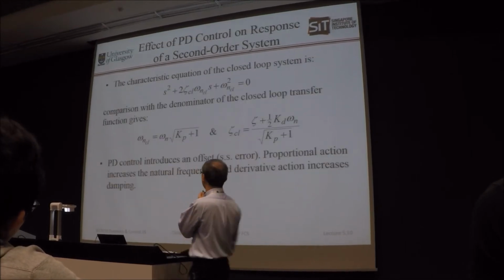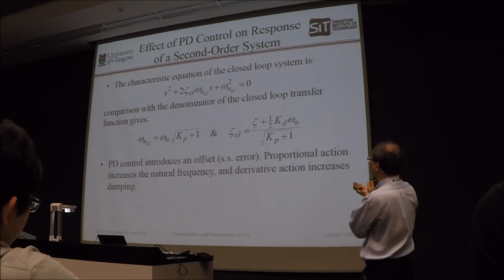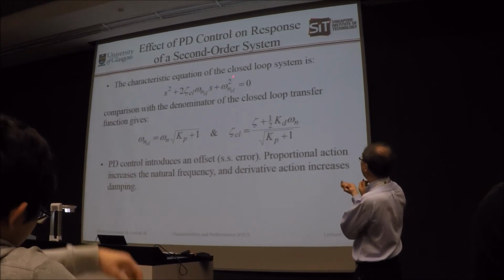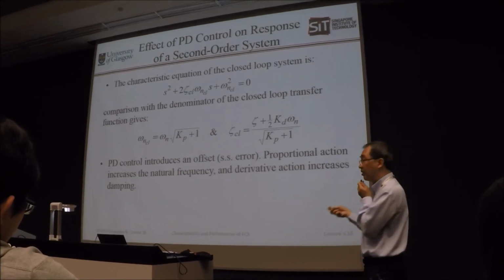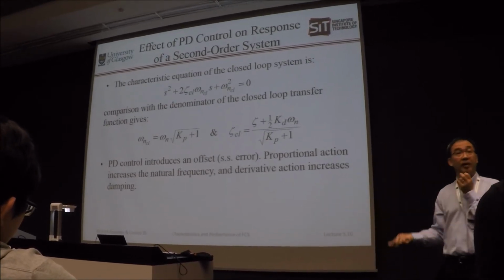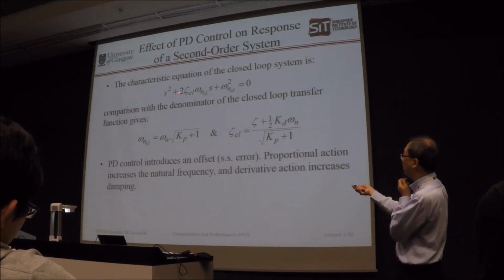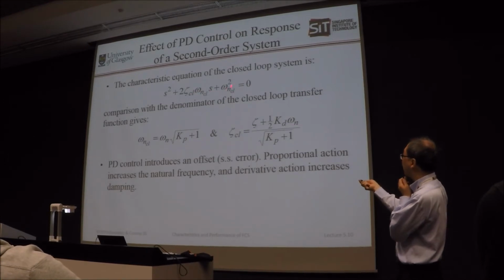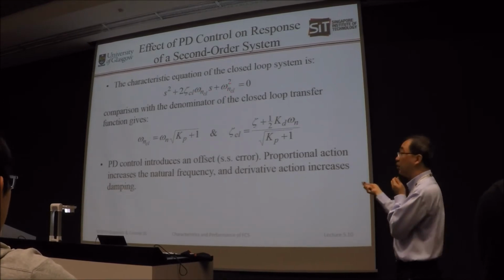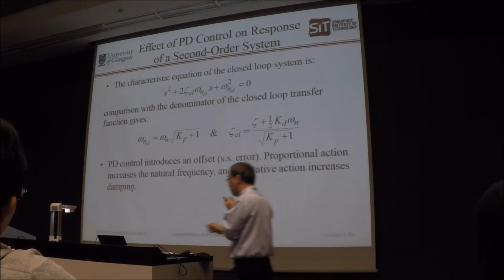Alright? Okay. Now coming back, these are the things that we are interested in. The characteristic equation of the closed loop system. If you were to go back and write my closed loop characteristic equation in this format, s squared plus 2 zeta closed loop omega n closed loop s plus omega n closed loop squared equal to 0, because it's still maintained from the transfer function.